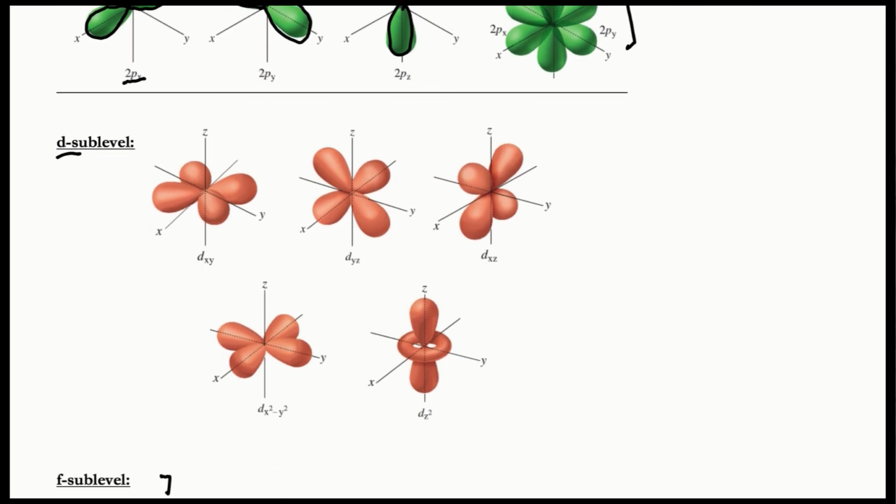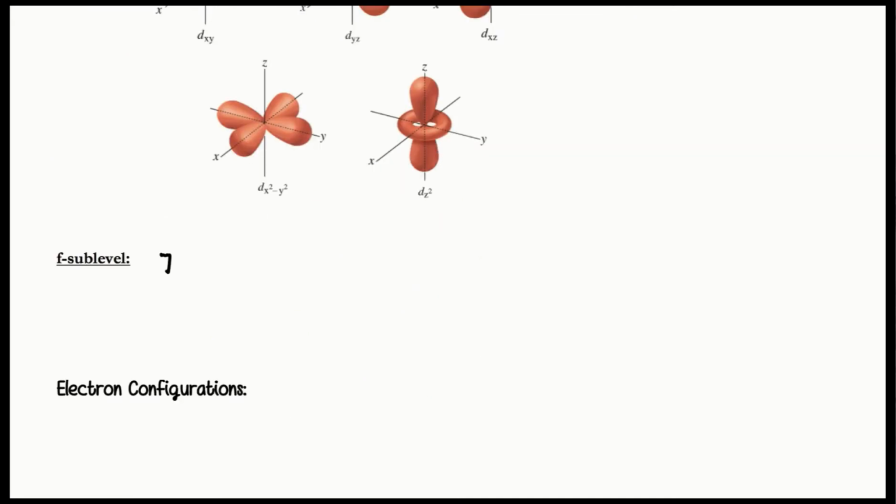It doesn't guarantee anything, but that's where they're most likely going to be found. The reason that's important is because it helps us predict how atoms are going to react together. So before I show you what this looks like with atoms and their electrons, I need to discuss electron configurations.